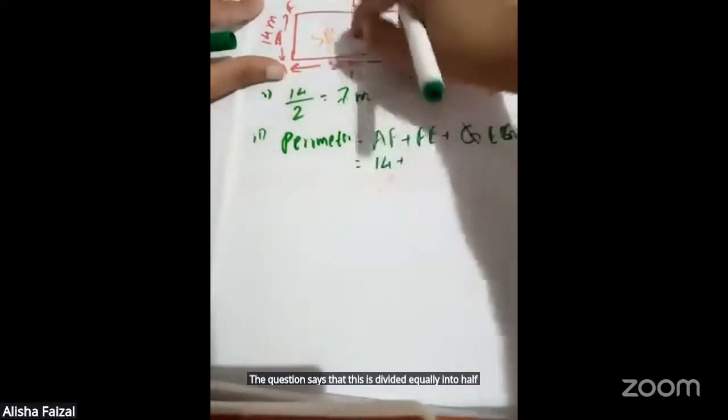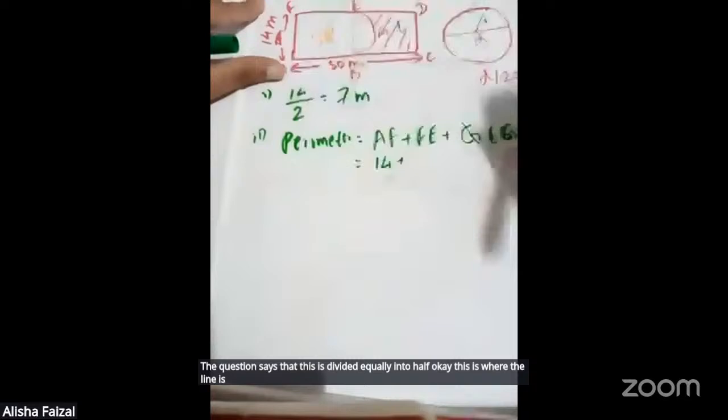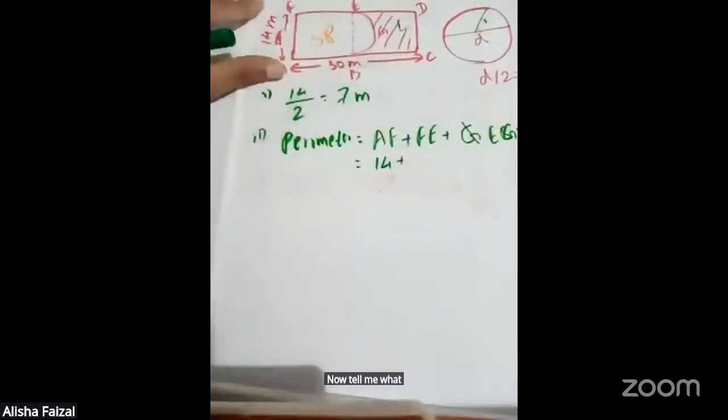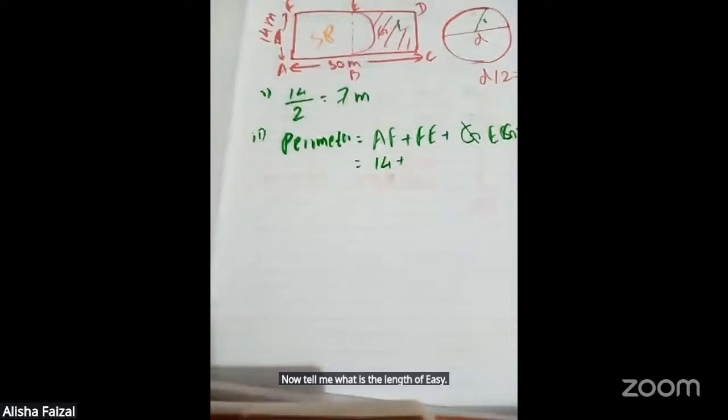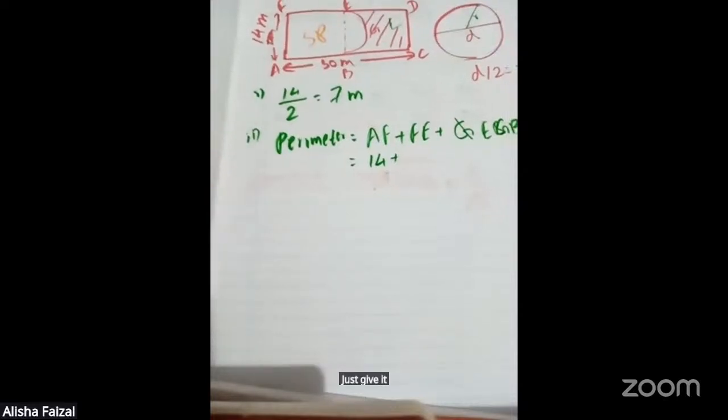Where the line is there, it's divided equally into half. Now tell me, what is the length of FE? What do you think the length is? Someone give it a try, then you can learn it. You won't forget.